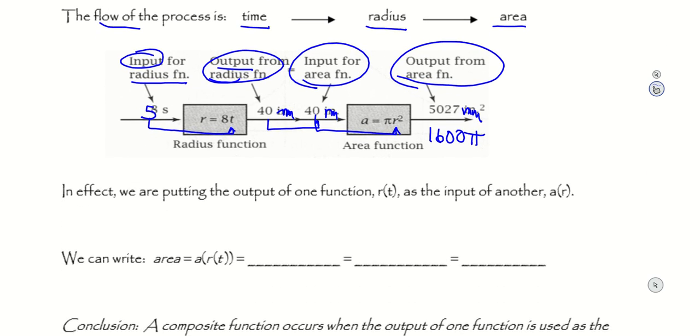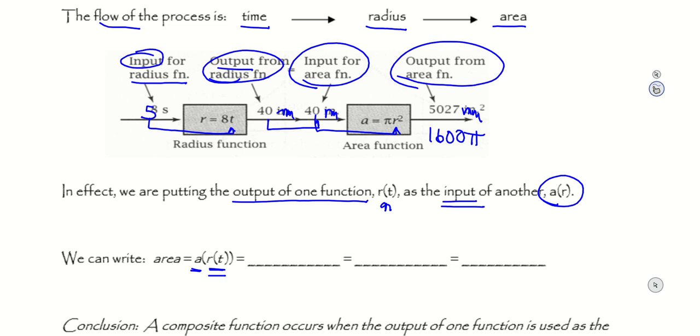But the main thing I want you to capture here is that what we've done is we've taken the output of one function, in this case r of t, and we've used that radius, that output, as the input of another function, a of r. So we could say that area is a function of radius, where radius is a function of time.